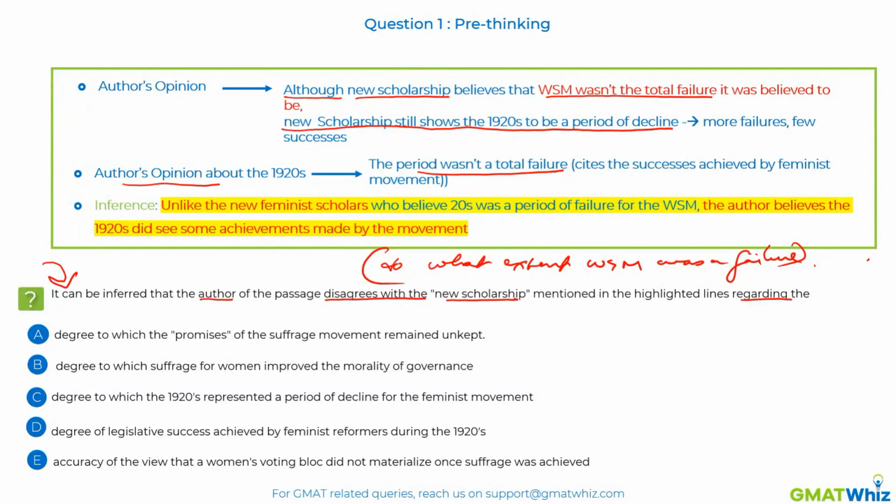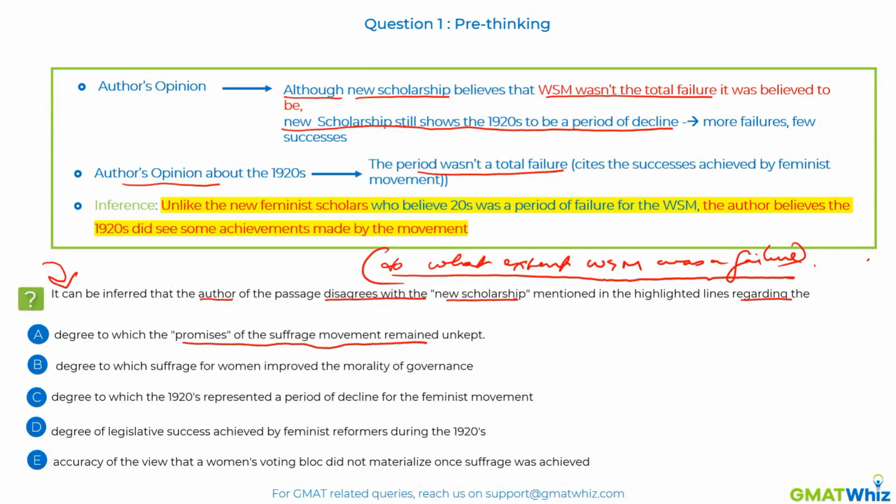So guys, let me help you consolidate this. Remember, the disagreement is to what extent WSM was a failure. So degree to which the promises remain unkept. This comes close. But remember, the author doesn't refer to the promises directly. The author definitely doesn't say that the new feminist scholars are completely wrong.